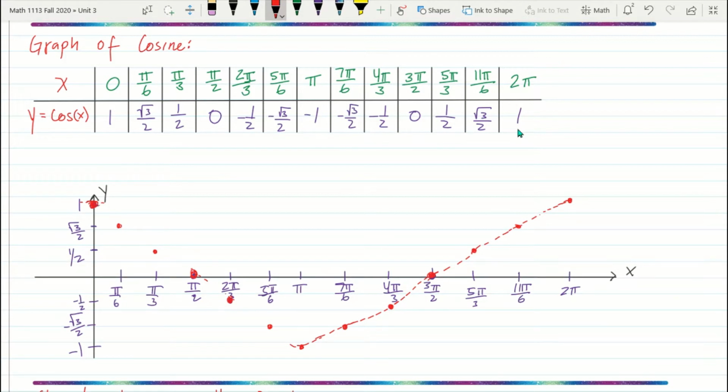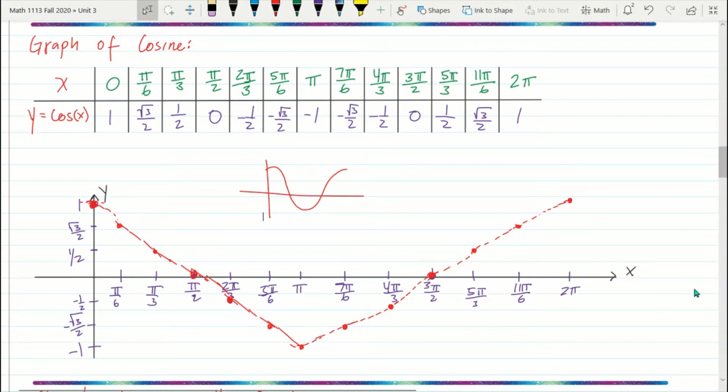It's supposed to be very, very smooth, and this is looking very, very sharp, and what we want is something like this, right? I see some resemblance, but it's very, very sharp, right? It's not the best graph, but it gives you the idea.